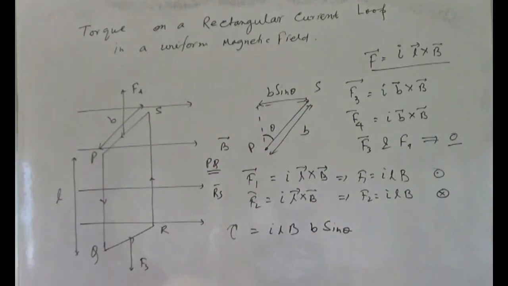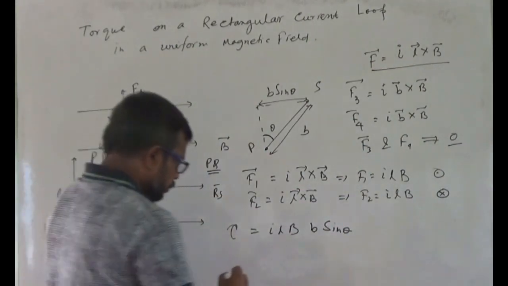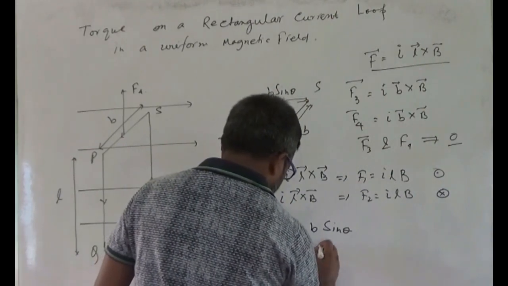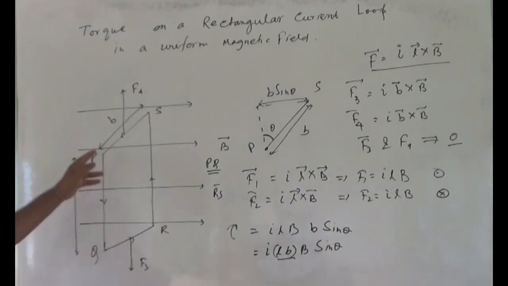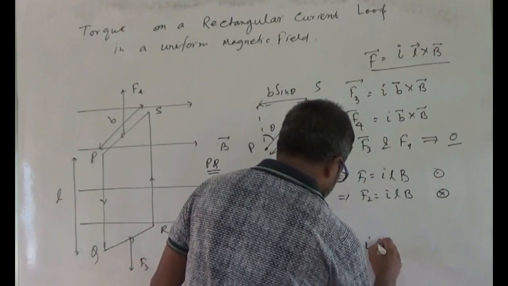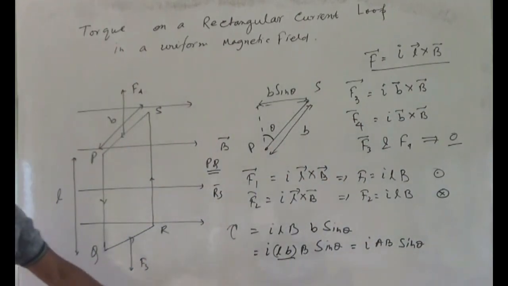This is the perpendicular distance between the forces F1 and F2. So we get I into L into b into capital B into sin theta, and L times b is the length into breadth of the rectangular loop, that is the area of the loop, or we can say tau is equal to IAB sin theta. This is the magnitude of the torque.